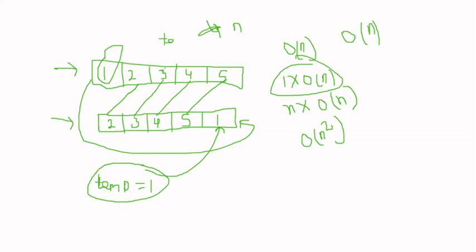Okay, let's try to understand it again. So we were given this array, and we are performing left shift operation on it. When we are calling our function the first time, it means we are performing one left shift operation. When we are calling our function the second time, it means we are performing two left shift operations in our program. For the first left shift operation, we store the first element in the temp variable, and after that we shift the complete array one step backward.